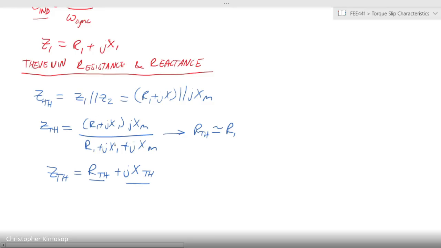However, if you have the exact one, which we will see in the example, R Thevenin works out to almost exactly R1 times XM over X1 plus XM, squared, and X Thevenin works out to almost exactly X1. However, those are for purposes of estimation.